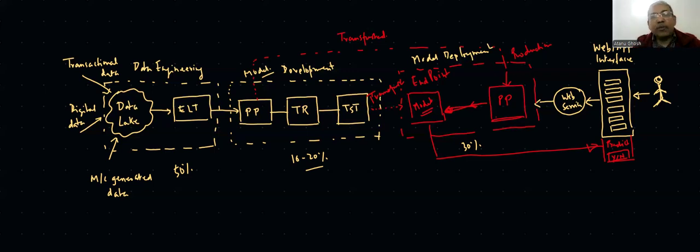Now, once this is done on cloud, obviously it's much more convenient to have the model development also in the cloud and the model deployment also in the cloud, because then you can have one environment where all of these things can be seamlessly integrated. So that's why more and more companies are moving this entire set of three pieces into the cloud environment.